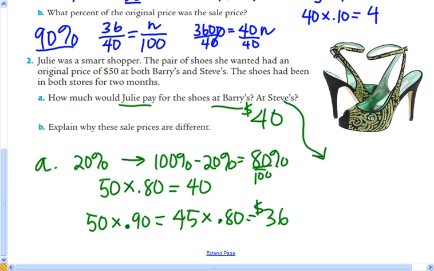These prices are different because at Barry's you just take 20% off once, but at Steve's you get to take an additional price off of that.